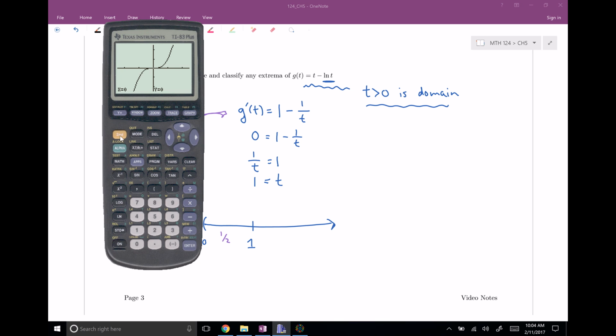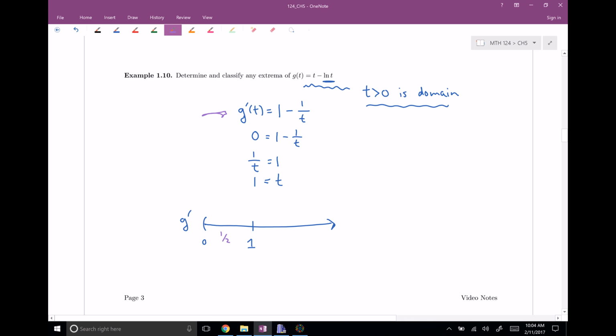So I'm going to have 1 minus 1 divided by t, and t is 1/2, so 0.5. So that is -1. So in the first case, we have a negative value.